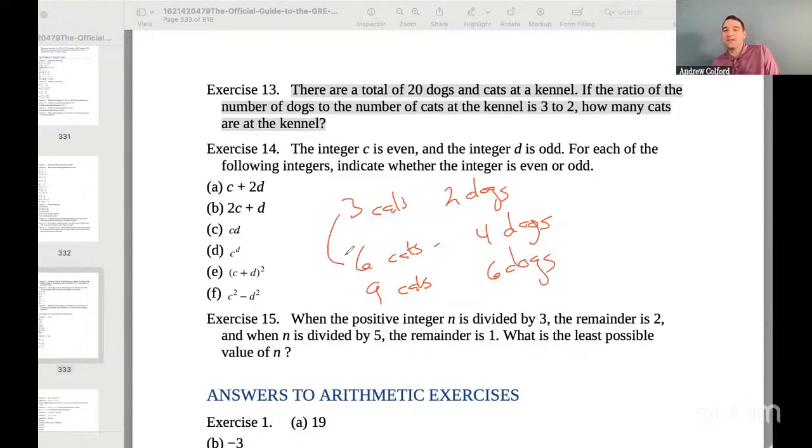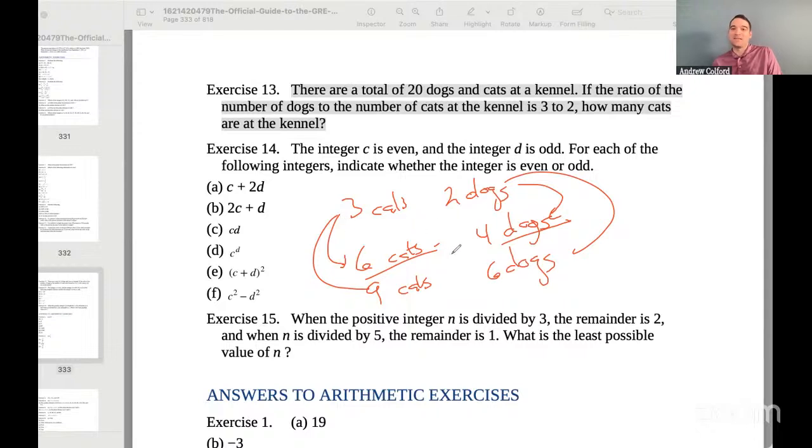Well, what's happening every time here? We're multiplying by the same constant value. So here we're multiplying both values by 2, so we get 6 and 4. Here we're multiplying both values by 3, so we get 9 and 6, right?